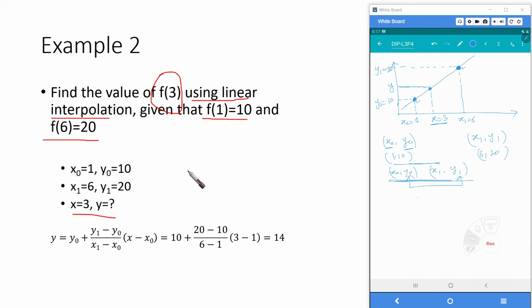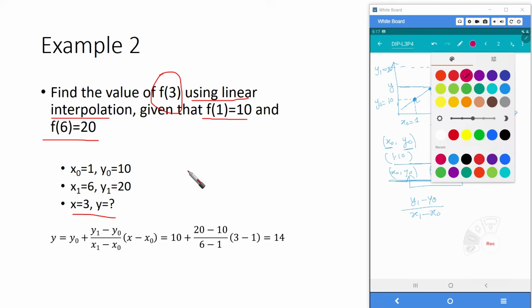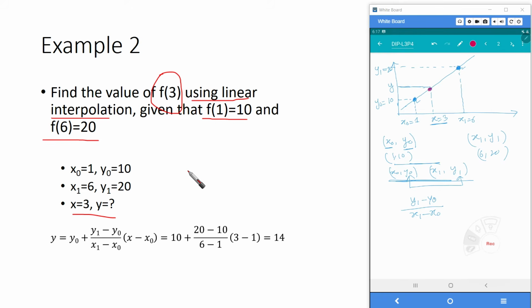So this becomes y1 minus y0 divided by x1 minus x0. So this is the slope. Also, the point we have to calculate the value for is the x y point. So definitely this point is also on the same straight line, and we can also find the slope using this point and this point.